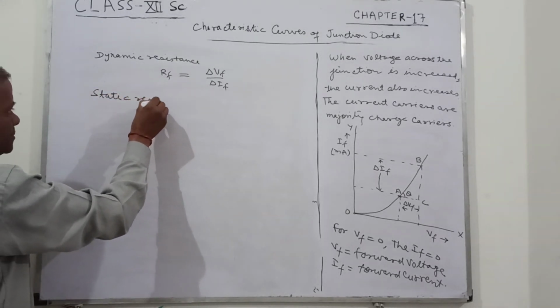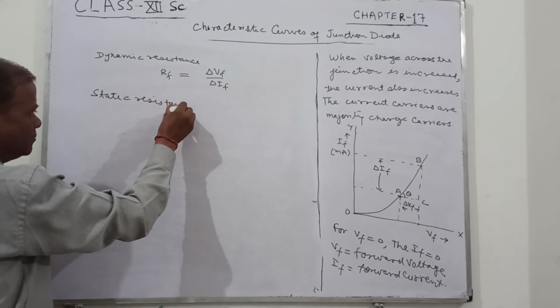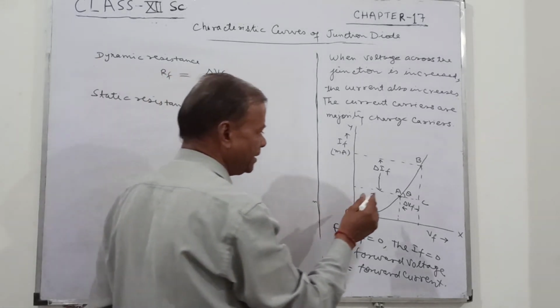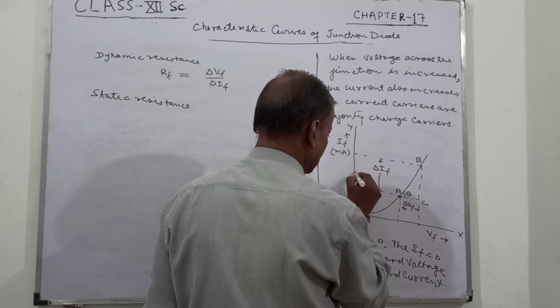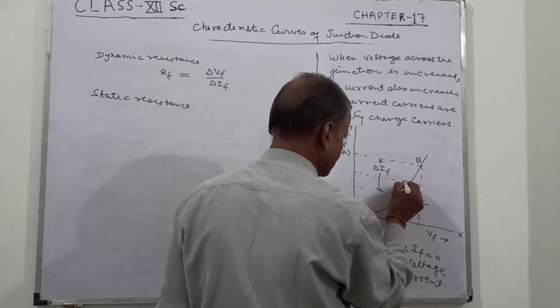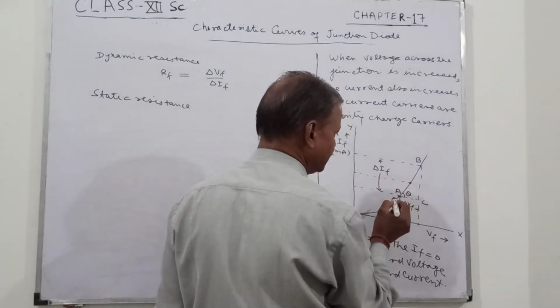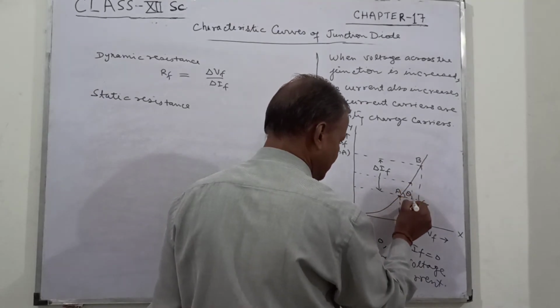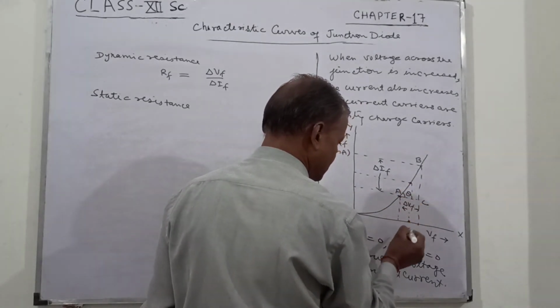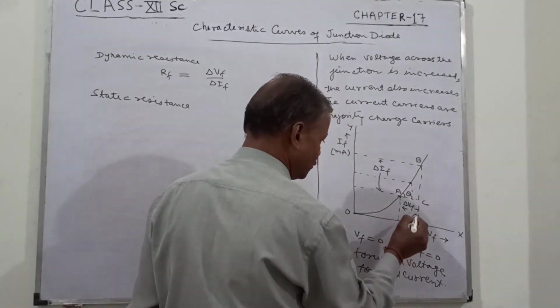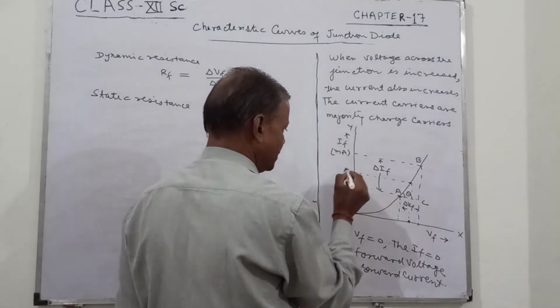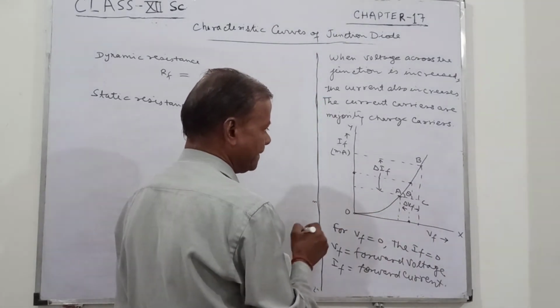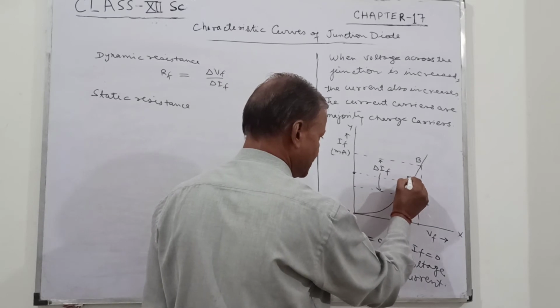Static resistance. For this you take any point on this curve. Suppose you take this one, and you find the voltage at this point. Suppose this is your Vf, and this is your If at this point. This is the point P, suppose.